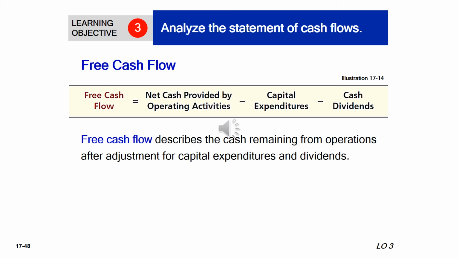And you're going to subtract the capital expenditures. So you take the amounts that the company has spent on capital expenditures, and then also subtract any cash dividends that the company has given out.